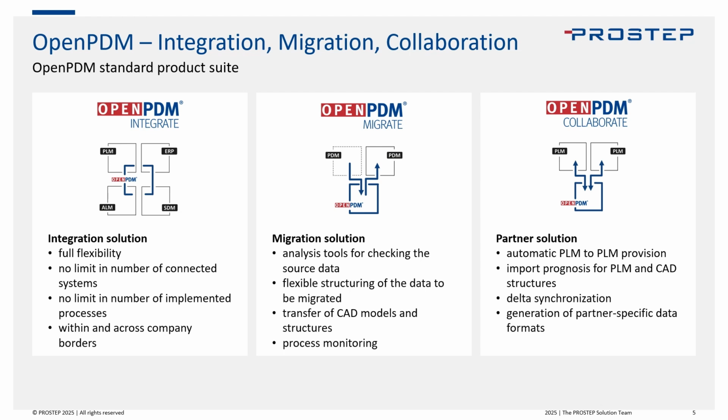And OpenPDM Collaborate uses similar tools, but has special features for import prognosis and understanding delta changes to synchronize platforms efficiently, and for filtering IP, depending on what your needs are with your joint venture or platform partner.